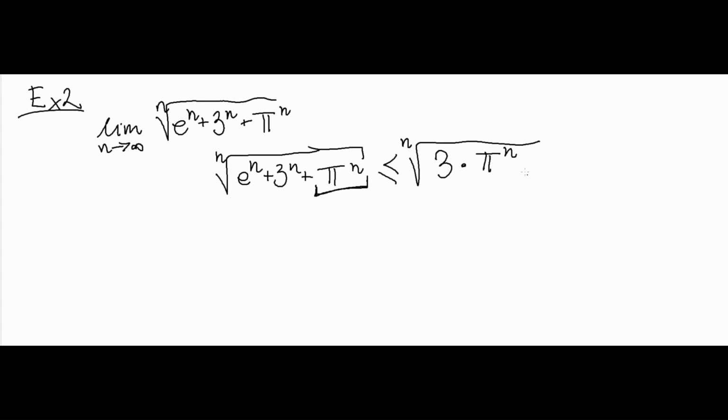Now that you have the bigger sequence, you can calculate its limit. If you have 2 numbers under a root, you can separate them into 2 roots.